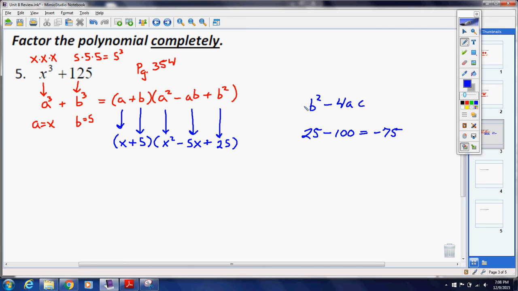If you recall, the quadratic formula is negative b plus or minus the radical, over 2a. So we have negative 75 under the radical, and anytime we have a negative number under the radical, we get an imaginary number. Really, we're getting two imaginary numbers because we have plus and minus. So the other two roots are imaginary, and you can sort that out with the quadratic formula if you like. All right, we're going to take a look at the next problem though.